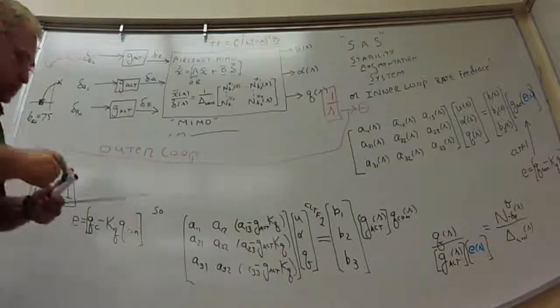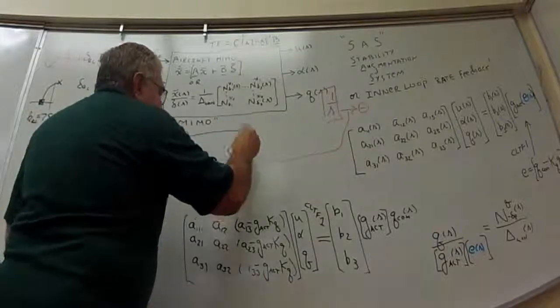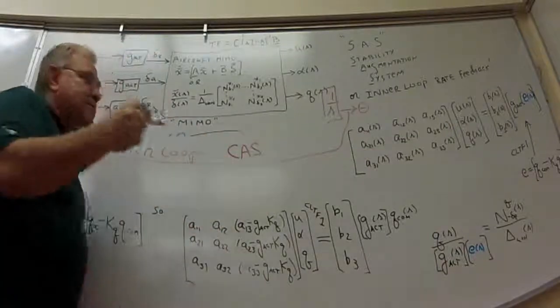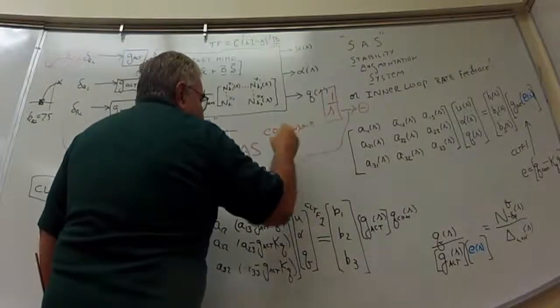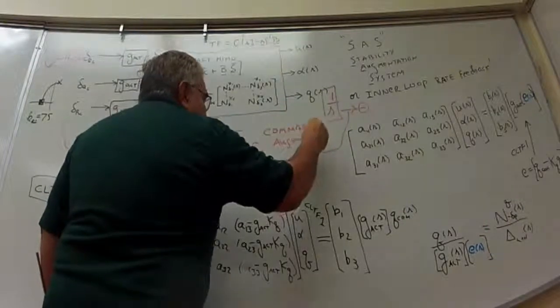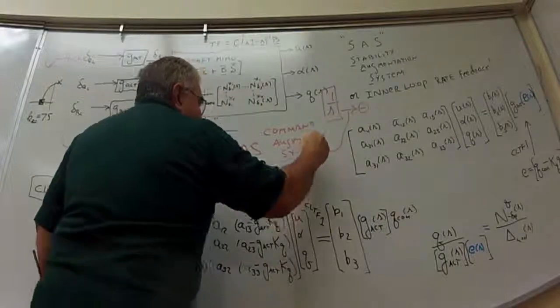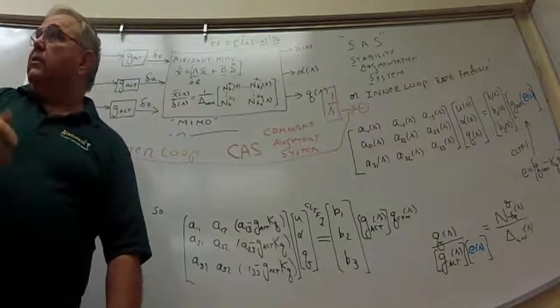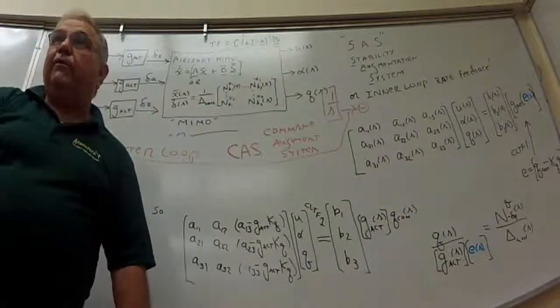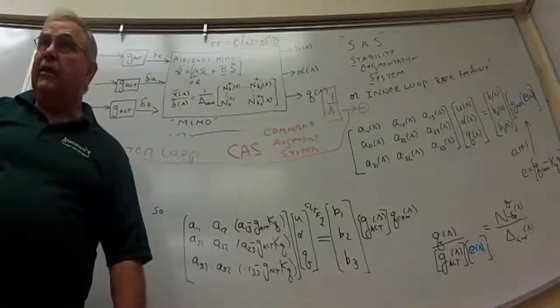Now the outer loop is often called a CAS as opposed to a SAS, and CAS means command augmentation system. Now the CAS system is something you can turn on and off in the cockpit. It's an autopilot, or it's a command following system that you hook up to the stick.